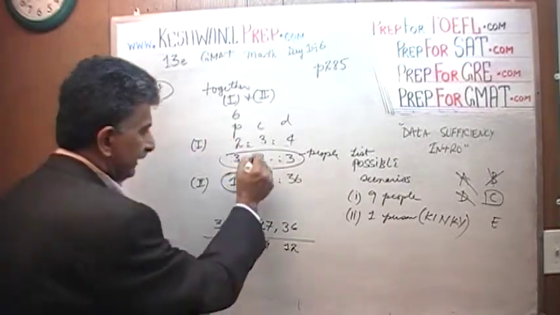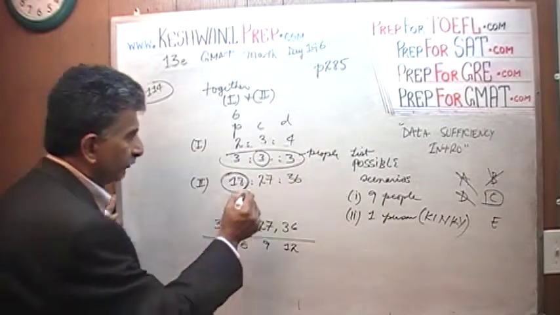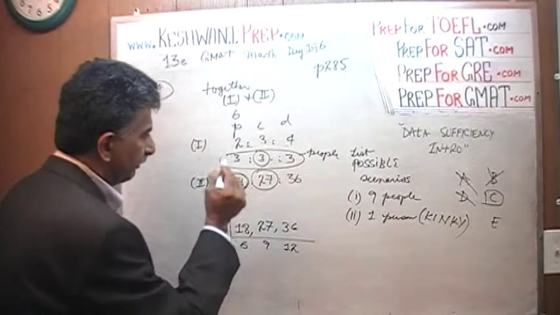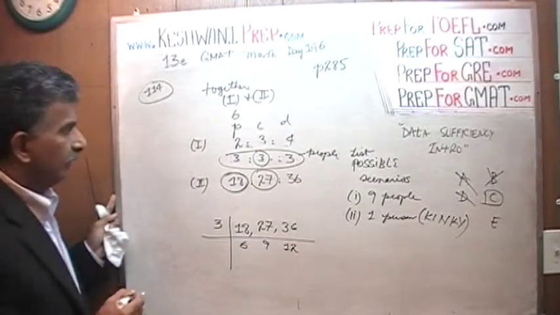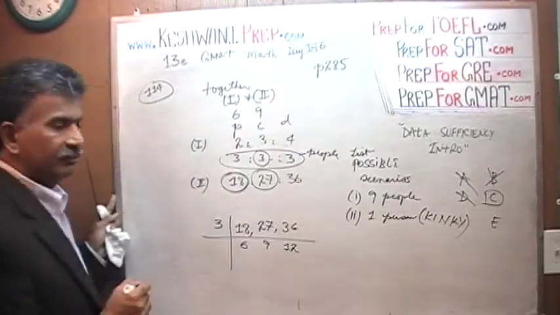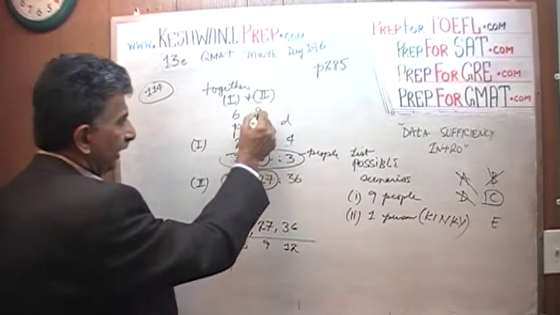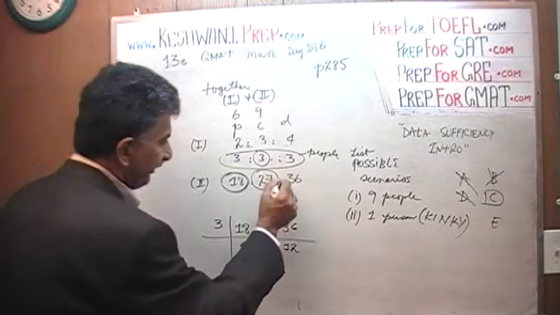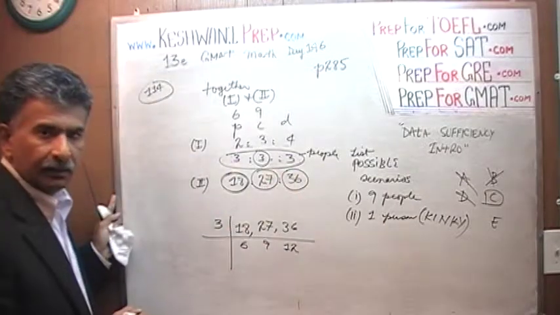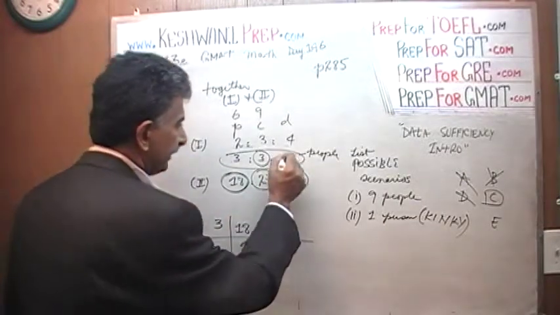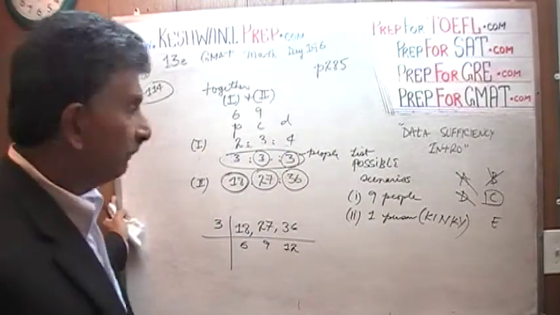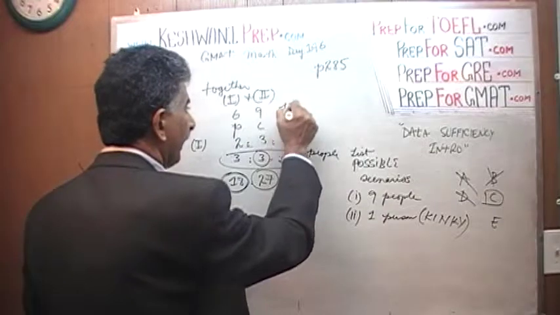Similarly, if there are 3 people in the department, and you distribute a total of 27 pencils, everybody must have gotten 9 pencils, because 9 times 3 is 27. And if you distributed 36 pads to 3 people, everybody must have gotten 12 pads.